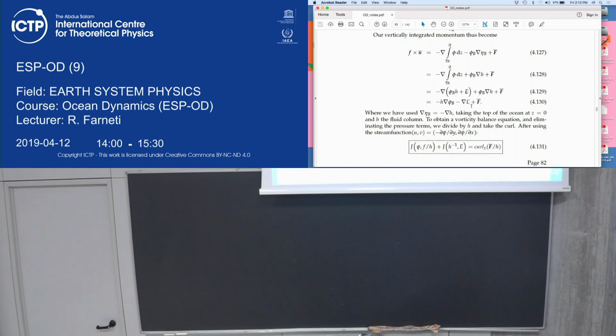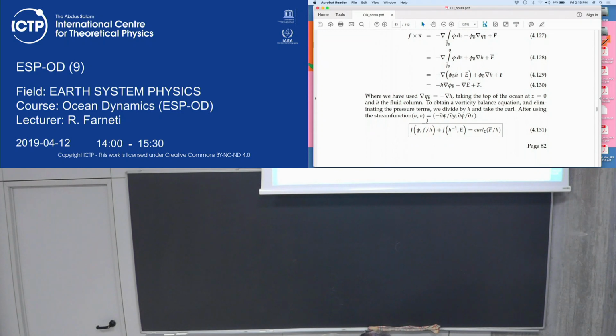So you can obtain a vorticity balance after you take the curl and you introduce the stream function definition, and you have this nice equation, okay? Where you have the potential energy term, the topographic term. If you make the ocean homogeneous, so not stratified, E goes to zero.